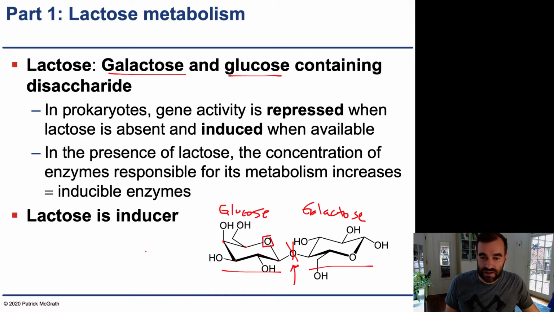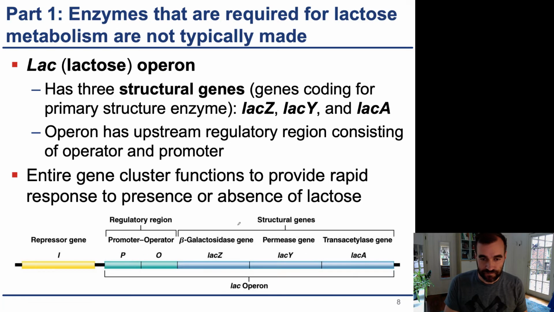Then in the presence of lactose, that induces the expression of those enzymes, so that if you could count the number of proteins within the cell, you would go from dozens to perhaps hundreds to thousands to 10,000s of those proteins. So lactose is an inducer because it results in the upregulation of certain enzymes.